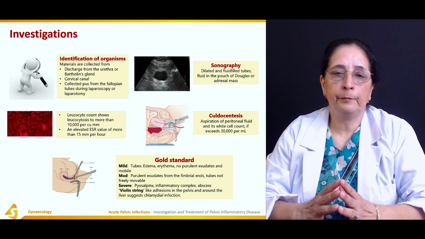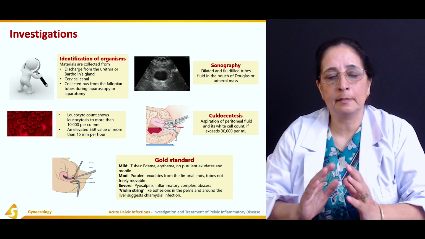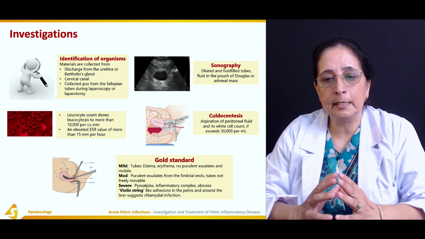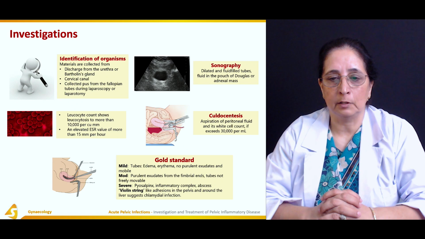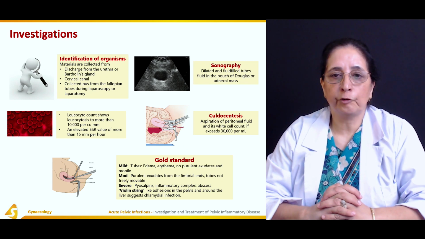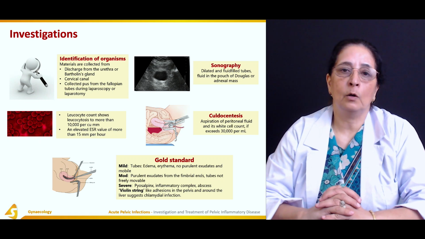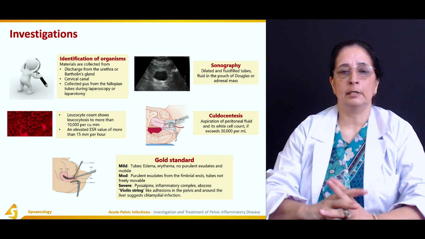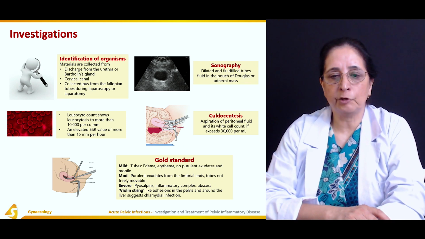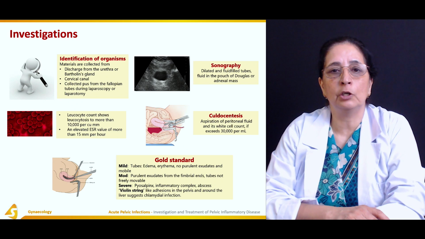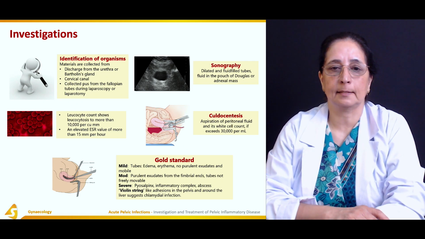In the severe form, usually there is pyosalpinx, meaning pus present in the tube, and abscess formation also. Then violin strings like adhesions are present in the pelvis and around the liver, which suggest chlamydial infection. So if violin strings are present, that's an indication of infection caused by chlamydia trachomatis.